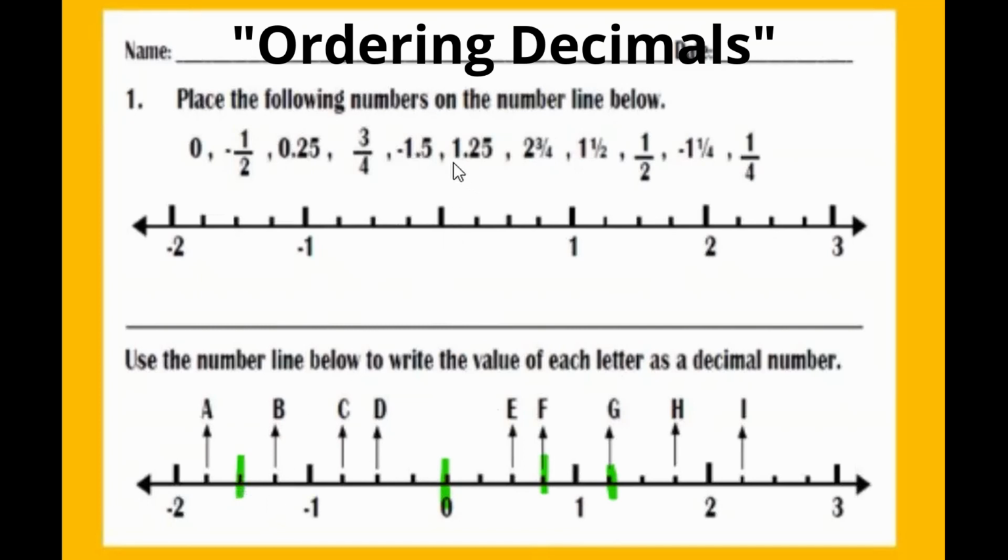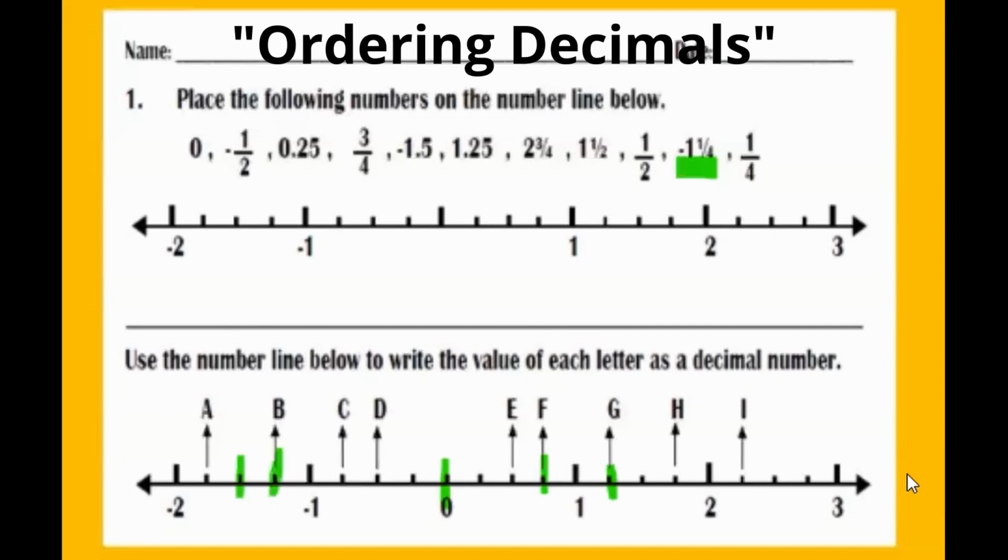What about a negative 1 1/4? That's 1.25, that's halfway between negative 1.5 and negative 1. Negative 1 1/4 is here, B. So you can go through and see if you can do all the rest in that same fashion.